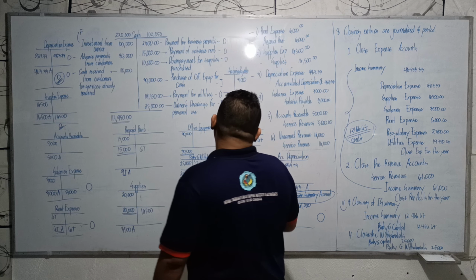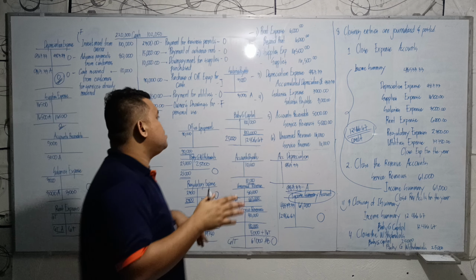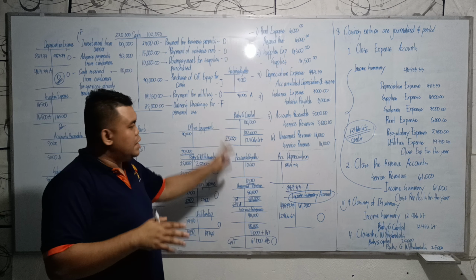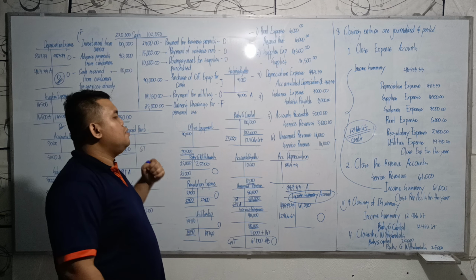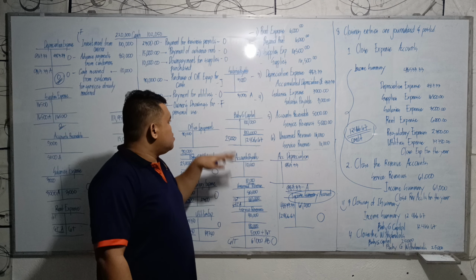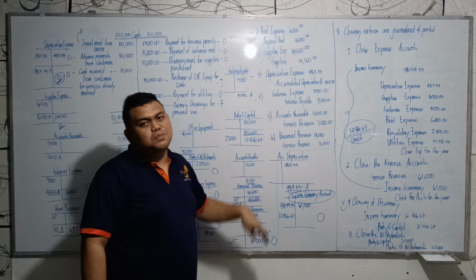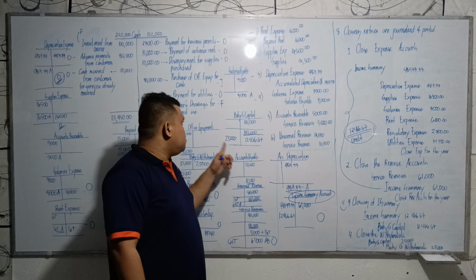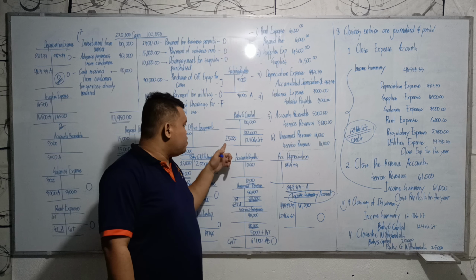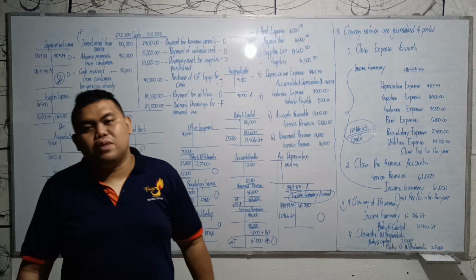The BBG capital is 25,000. So there are a lot of things that you can see already if you take a look at the ledger, like on the BBG capital. You can infer that the business is just doing 12,466.67 net income, but the owner is already withdrawing for personal use 25,000.